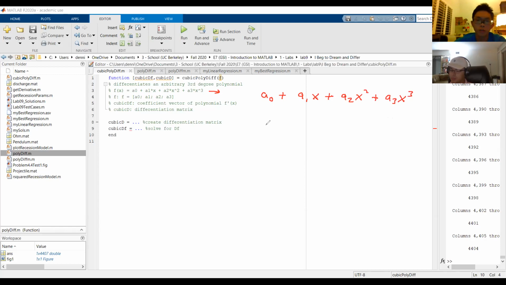So how do these change? Well, let's look at each of these terms individually. Let's start with the, hold on a second.